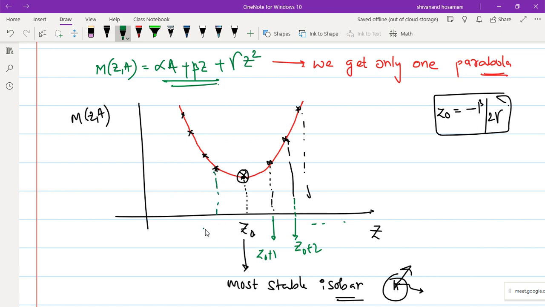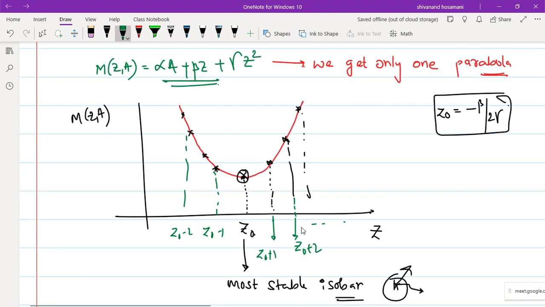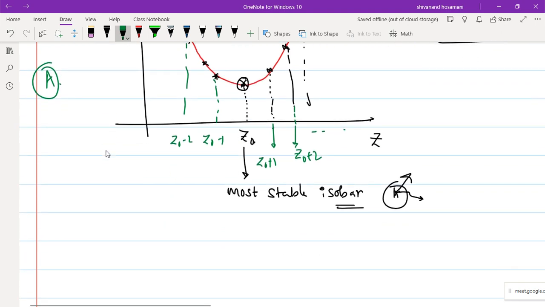Then if you look at this point, what I get here is Z0 minus 1. If you look at this, Z0 minus 2, so like this it goes. So if you vary the atomic numbers, automatically that graph will appear like this for a particular atomic mass. So this is defined as an isobar.